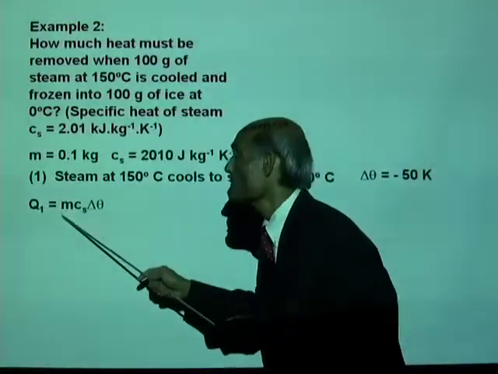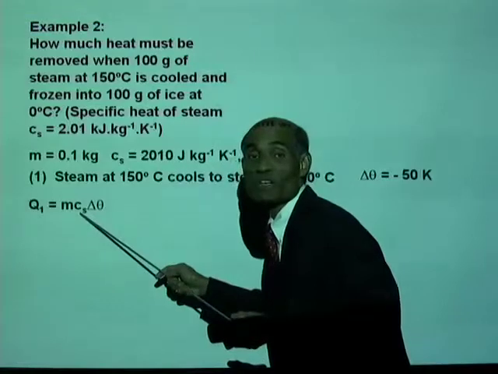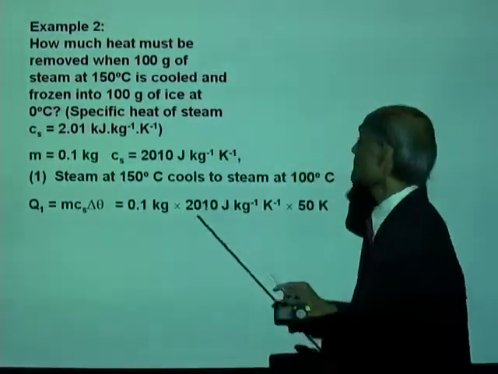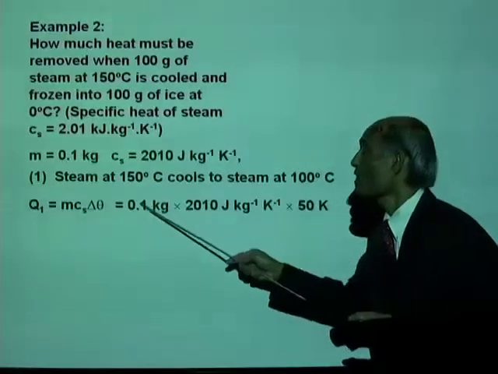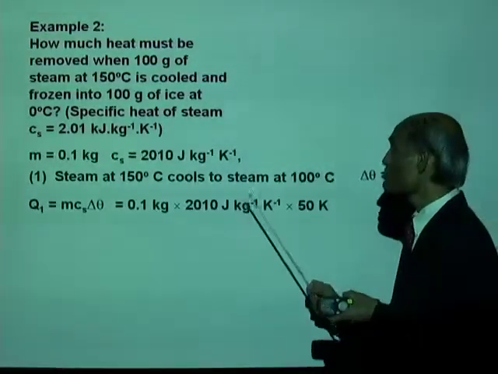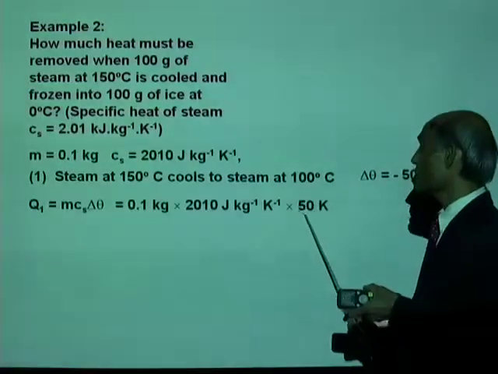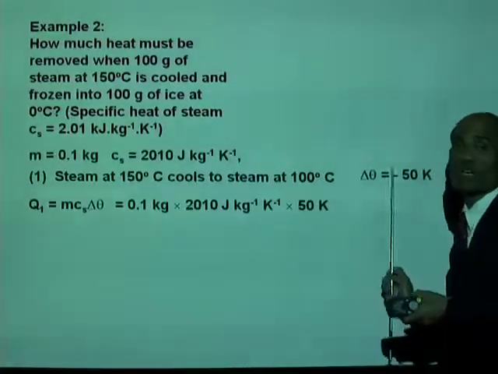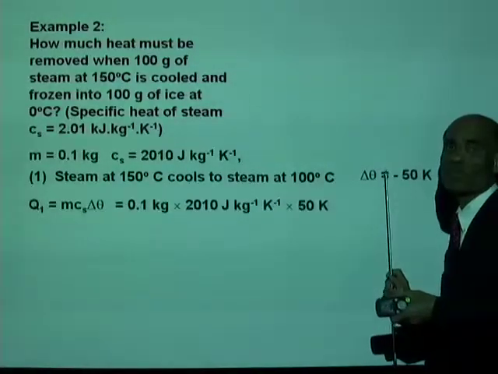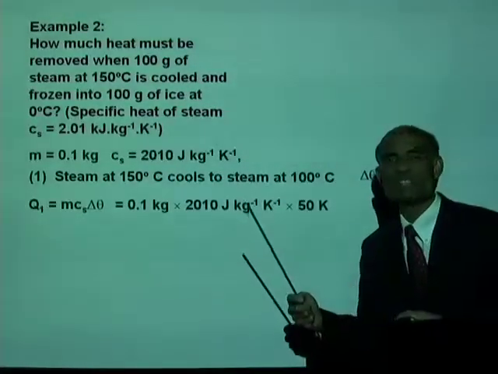Q1 equal to mass times specific heat of steam times the change in temperature. Mass is 0.1 kilogram. Specific heat is 2010 joules per kilogram per Kelvin. The change in temperature, you can see I wrote here negative 50 Kelvin. We don't need that negative.